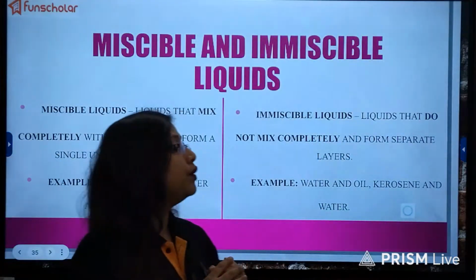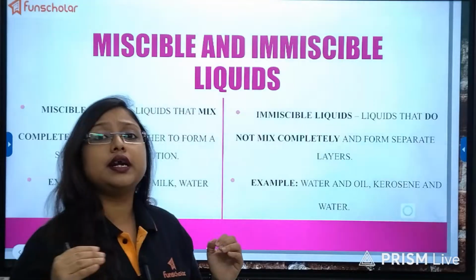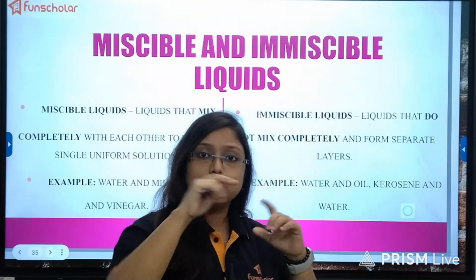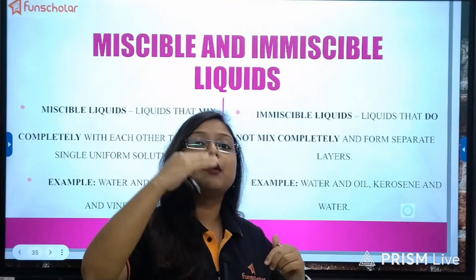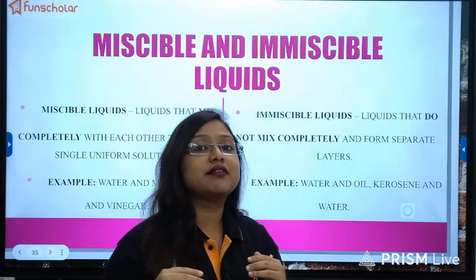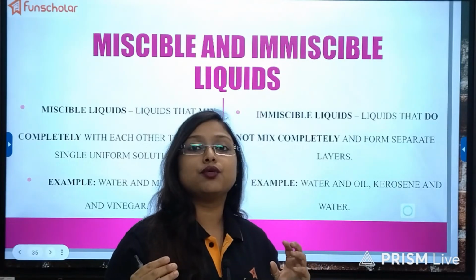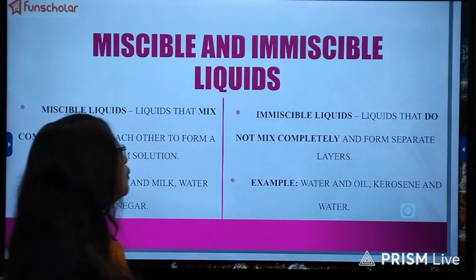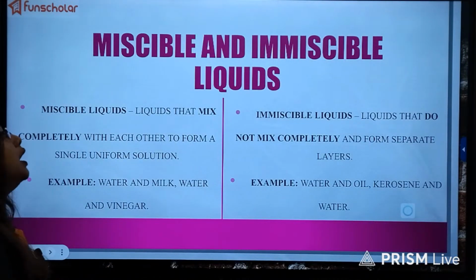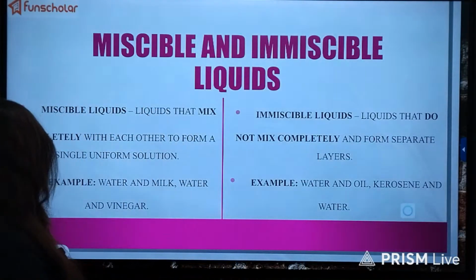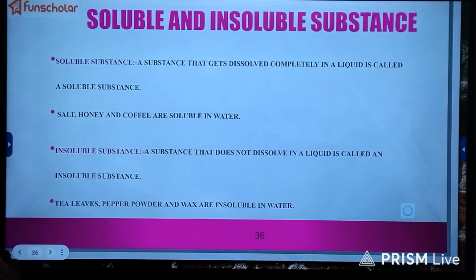Then we will see two separate layers, where one liquid is at the bottom of the jar and the other is above it. They are not mixing together, they stay separated even in the mixing condition, because they retain different properties, like water and oil, as I already told you, and kerosene and water. We can see that too.